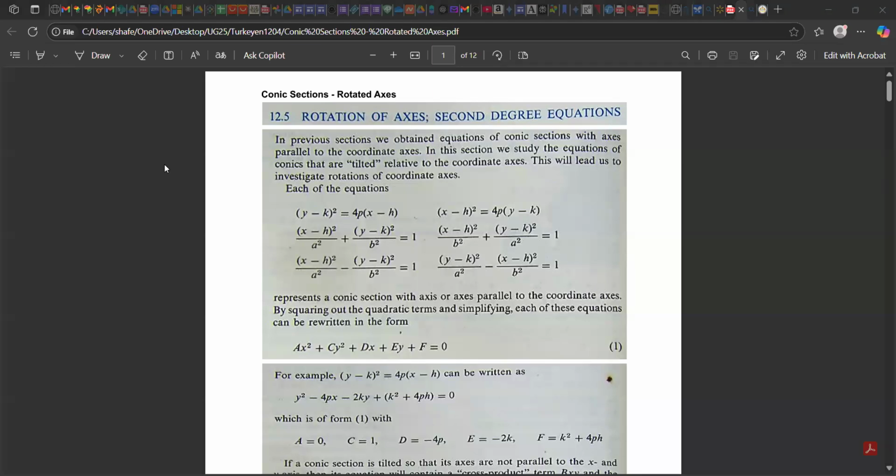Good. So here we are now. We want to deal with rotated axes. So in the notes I sent you, you will see a little bit of a rehash of the equations that we dealt with, where the center is either the origin or it's translated, right? But the major axes are either parallel to the x-axis or the y-axis, right?